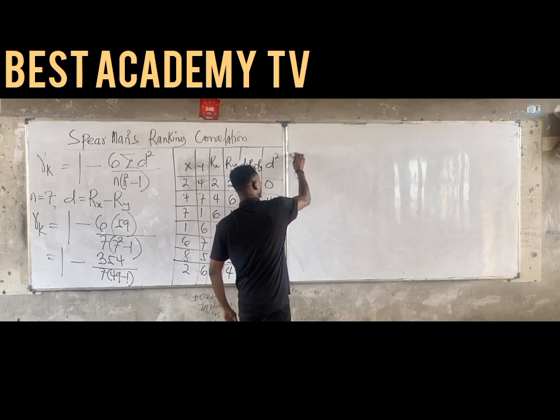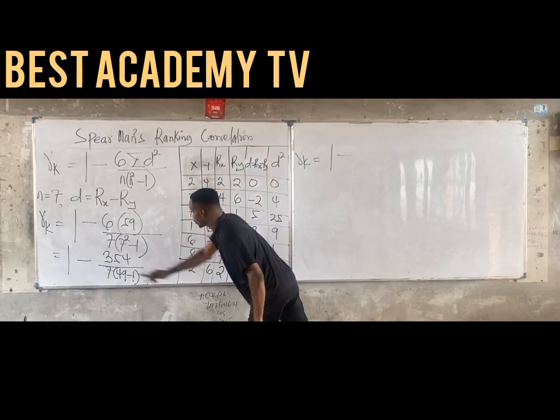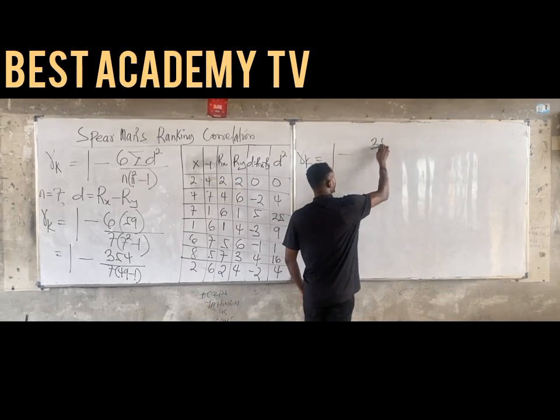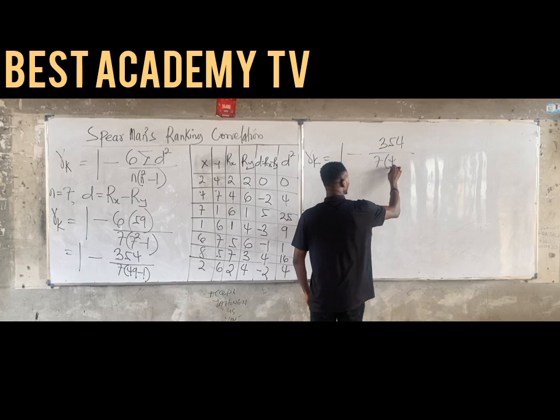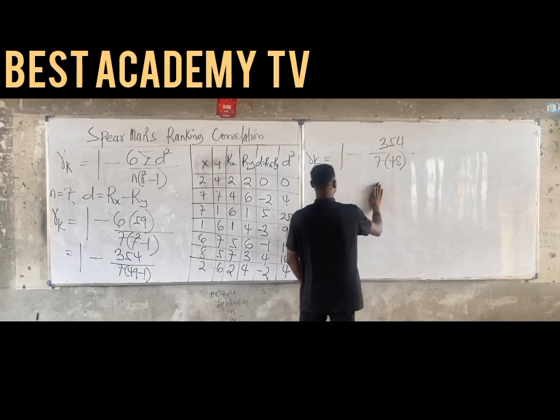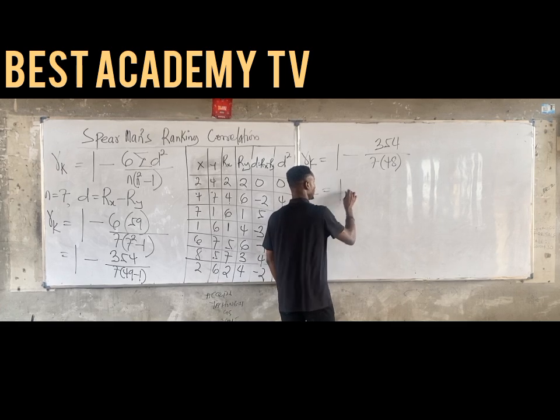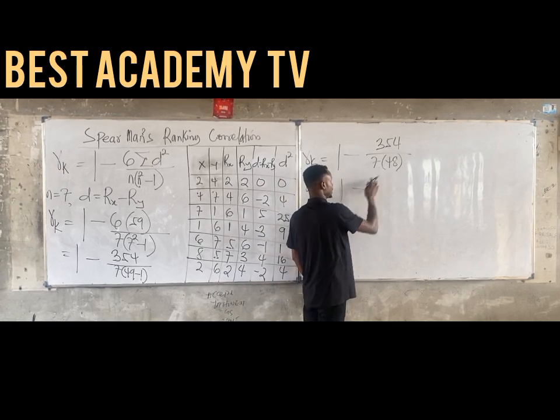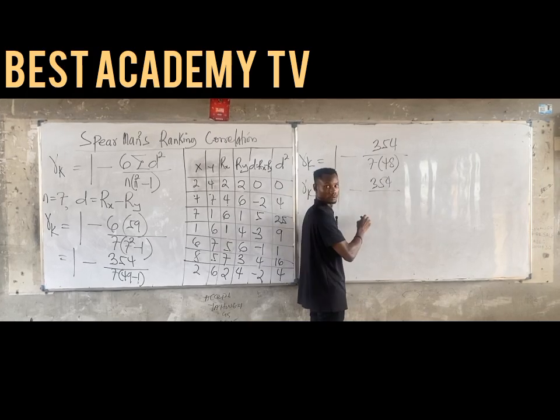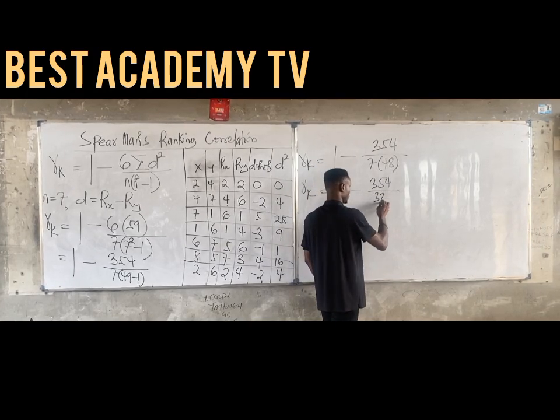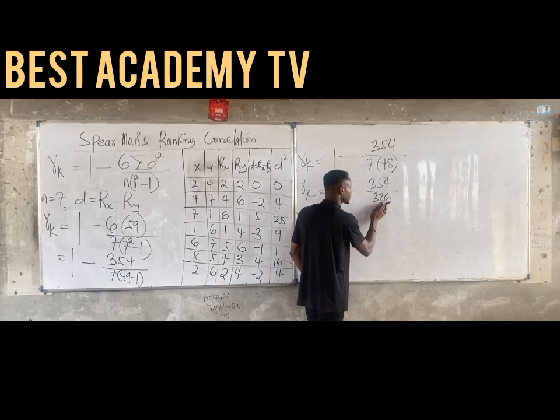So the ranking here will be equal to 1 minus, so this will give us 354 over 7 times 48. So let's punch our calculator. The ranking here will be equal to 1 minus, this times this will give us 336. Please punch your calculator. 354 divided by 336.